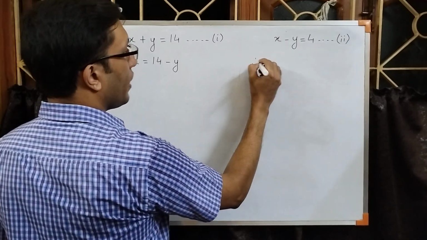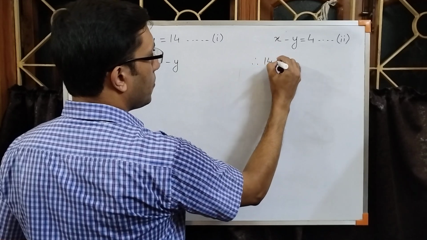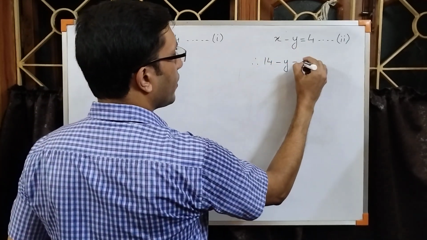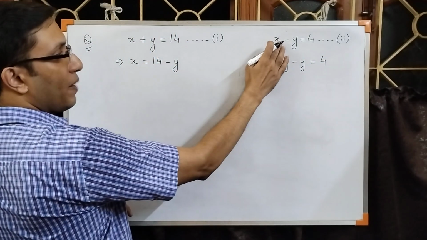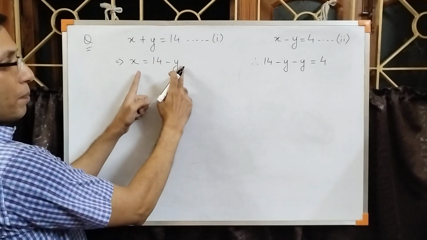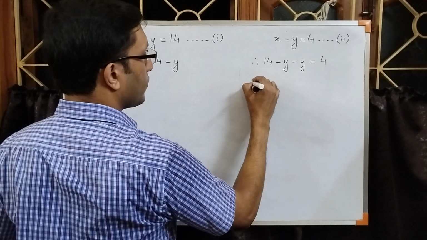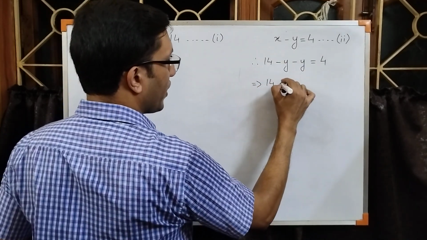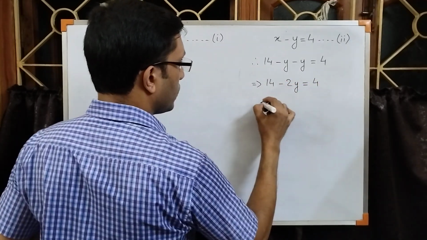So therefore, in place of this x, we can write 14 minus y, and this minus y is already there, is equal to 4. In place of this x, we have replaced 14 minus y from equation number 1. So from here we get 14 minus y, that is minus 2y is equal to 4.